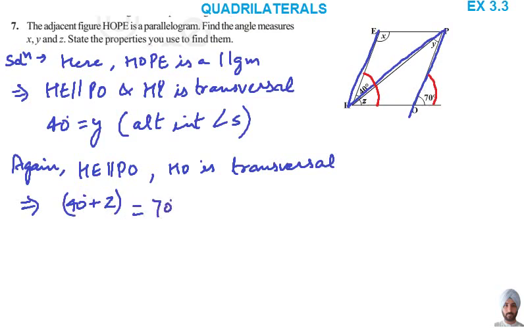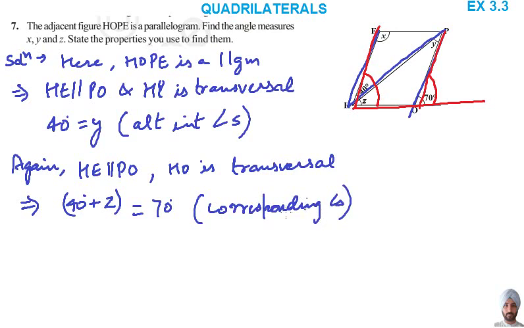And why they are equal? They are equal because now you can see that this and this, they are making a perfect F-like figure. So what we call them? We call them as corresponding angles. So Z is 70 degree minus 40 degree, so this becomes 30 degree. So Z is 30 degree now.